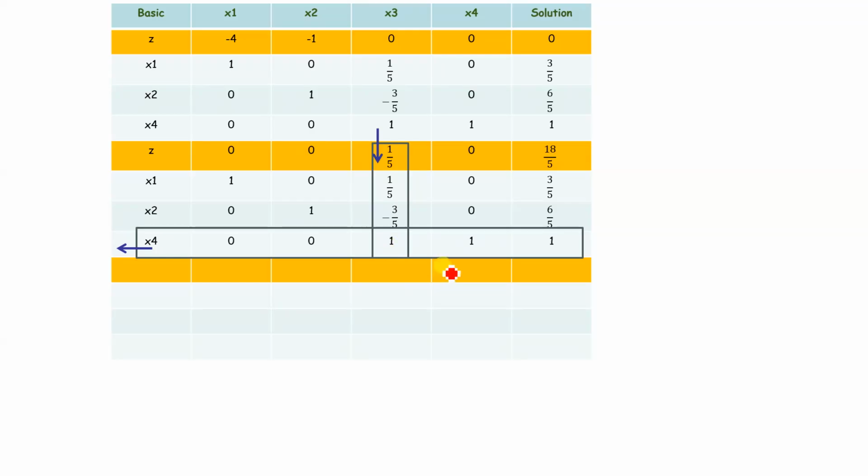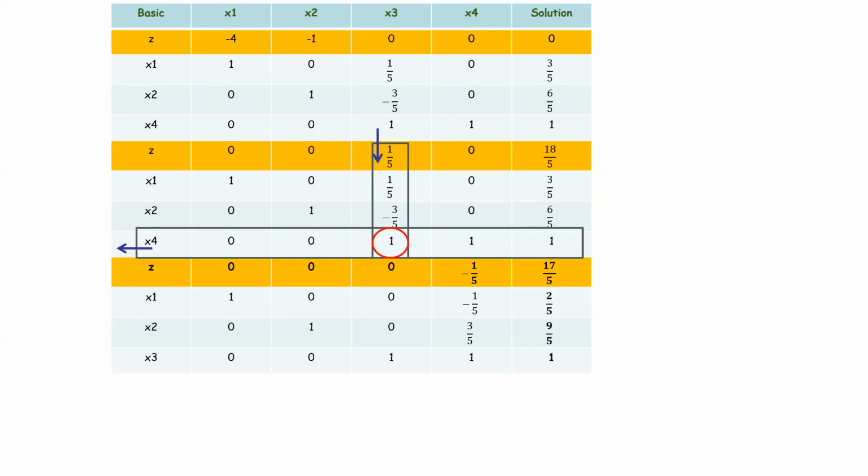X4 will be leaving, and again by the same process, Gauss-Jordan row operations, we obtain this table. And this is optimal because there is no positive coefficient in row 0. So our optimal solution is x1 equal to 2 over 5, x2 equal to 9 over 5, x3 equal to 1, and our z is equal to 17 over 5. So that's all.